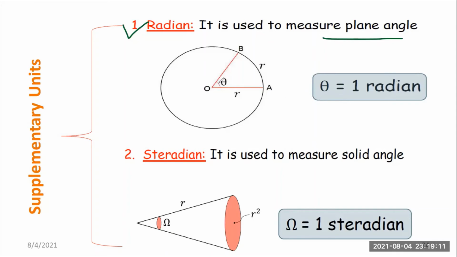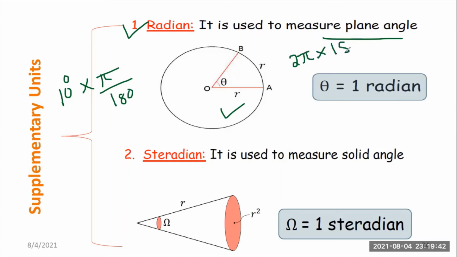Here you can see theta is equal to 1 radian in this diagram. You can convert degree to radian and vice versa, radian to degree and degree to radian. It is very easy. For example, 10 degree. How to convert 10 degree into radian? 10 degree into pi divided by 180. Clear? Suppose I have 2 pi radian. How to convert 2 pi into degree?